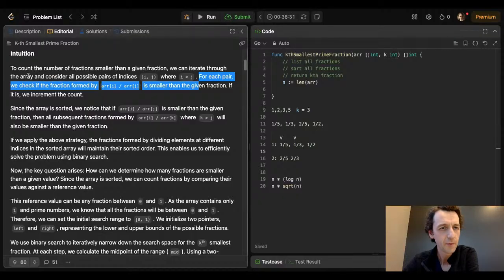Okay, iterate through the array and consider all possible pairs. For each pair we check if the fraction formed is smaller than the given fraction. If it is, we increment the count.